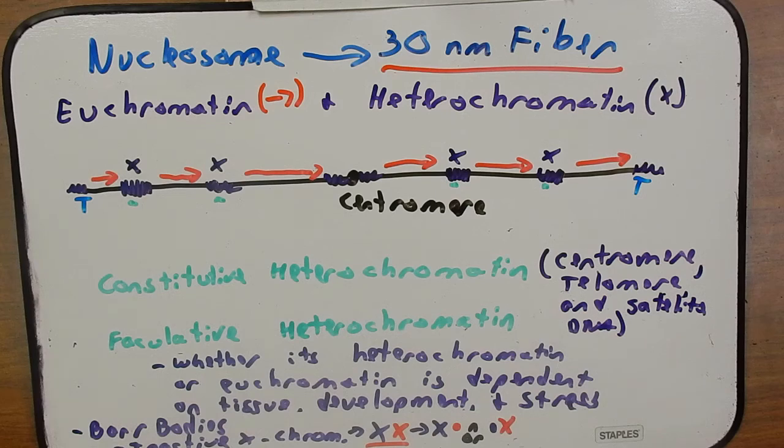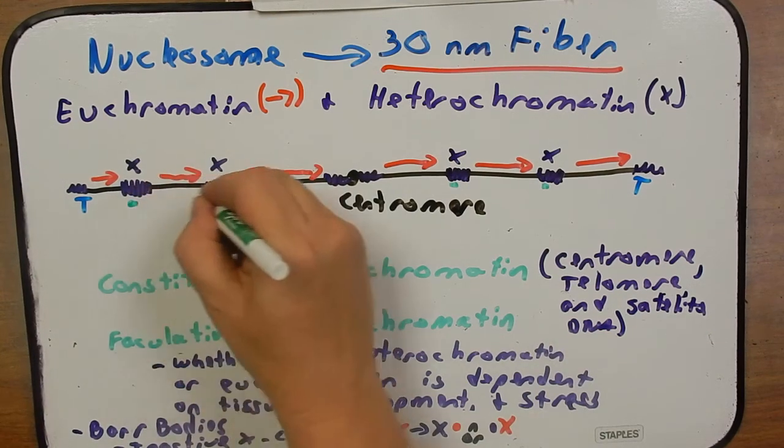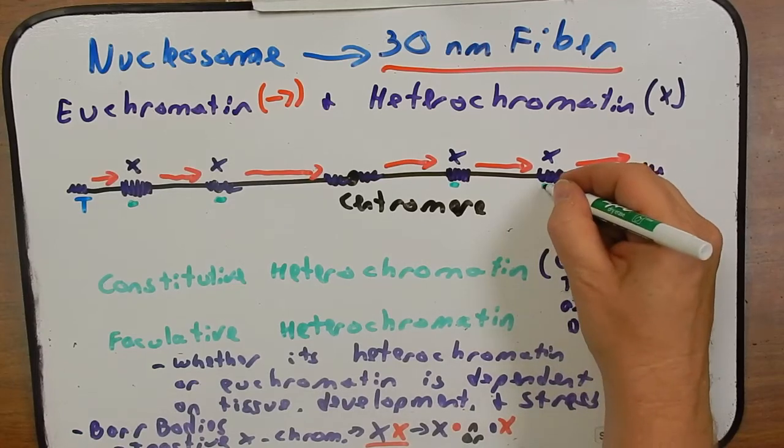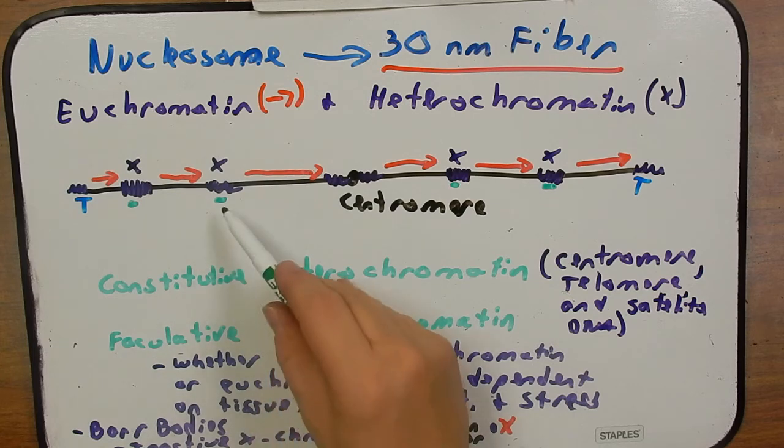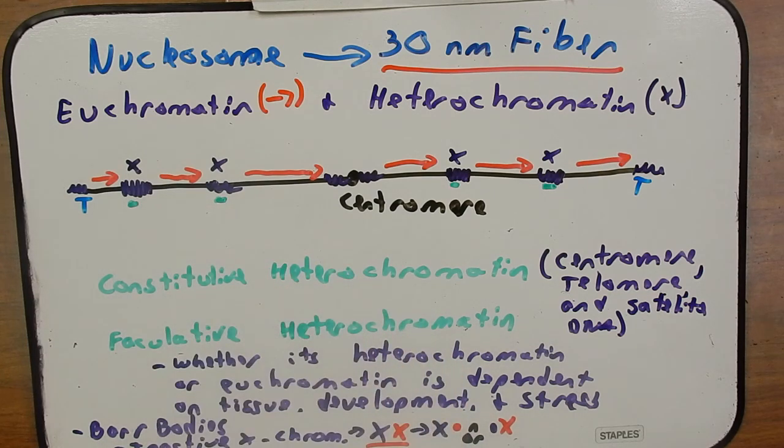As we move forward with this next chapter and the chapters to come after, a key question we're going to have is: when we have genes, which I'll show here in green, in areas that can't be expressed because they're tied up in these nucleosomes, how is it that we can turn those genes on? What do we have to do to unpackage that nucleosome, to remove those histones, so that we have access to those genes? And so that's what we're going to be talking about next, is how do we gain access to genes that are trapped in heterochromatin.